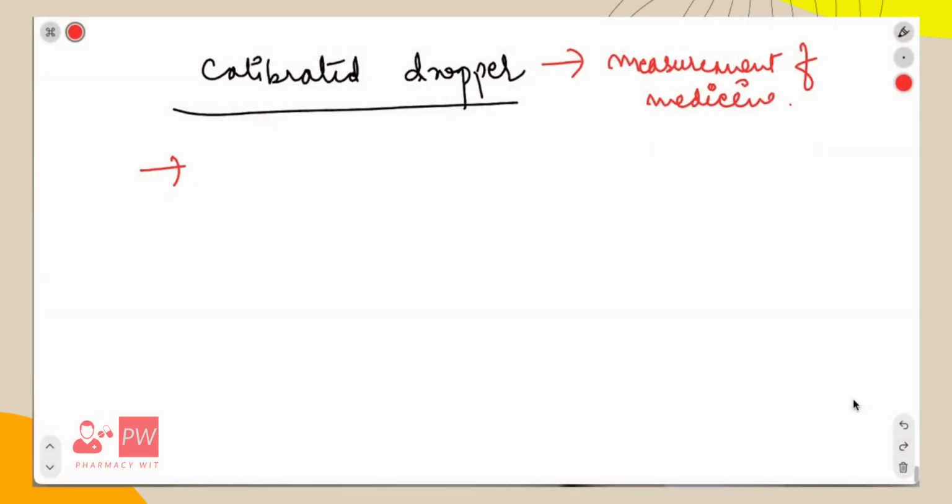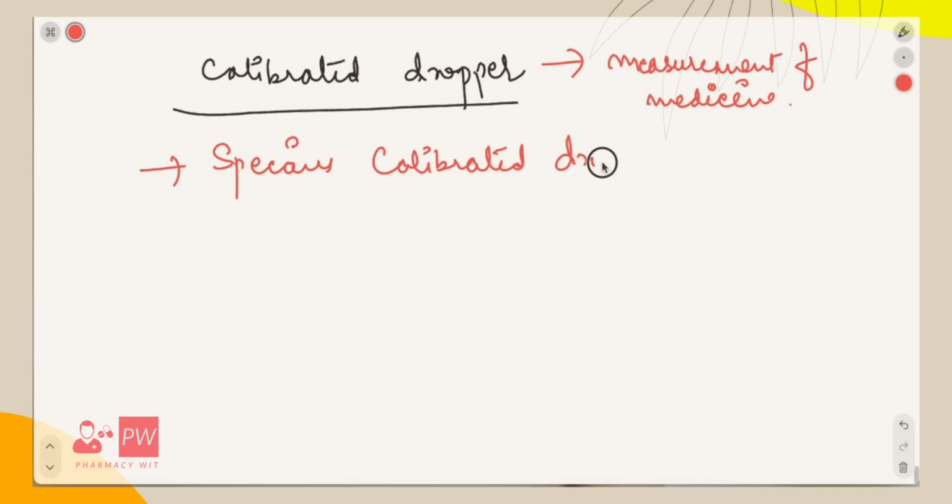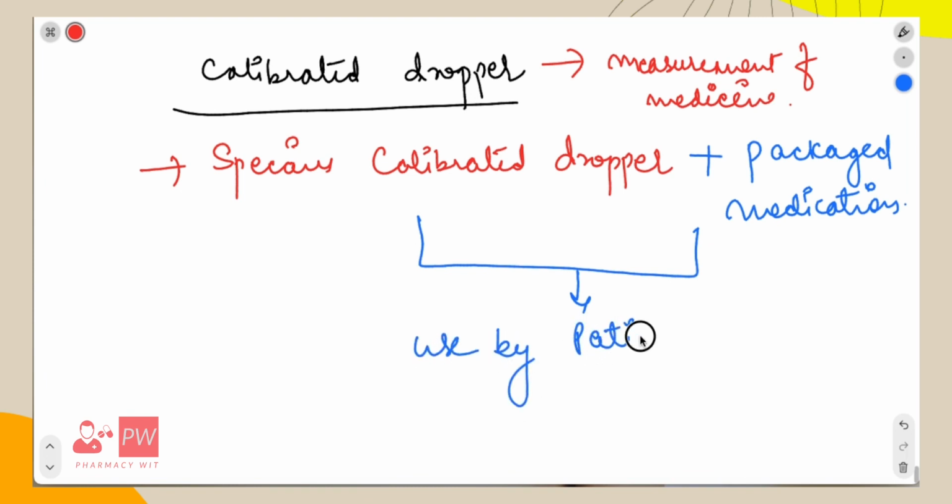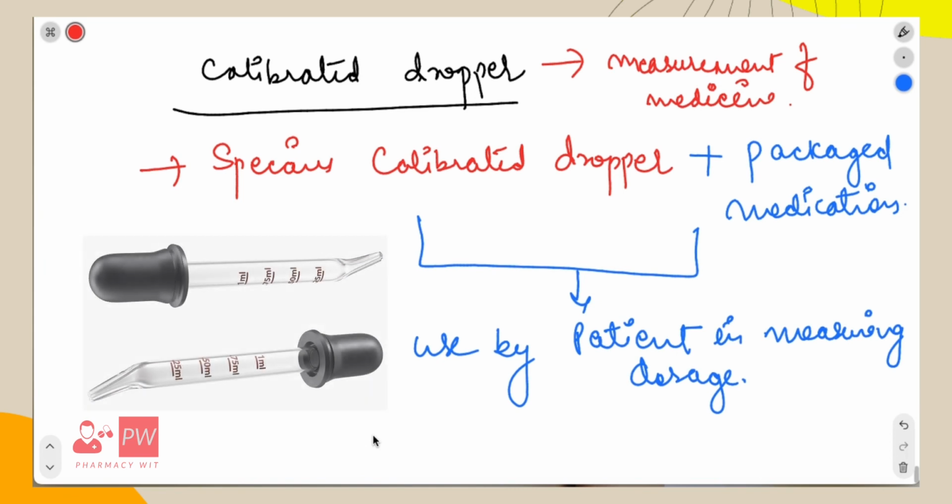Most manufacturers include a special calibrated dropper along with their package for use by the patient in measuring dosage. Specially calibrated droppers are shown in this figure.